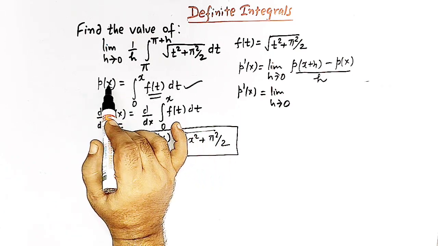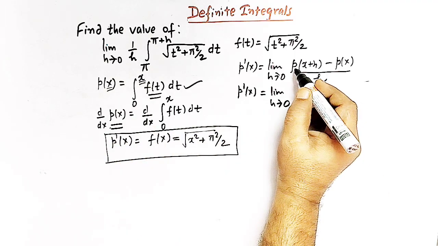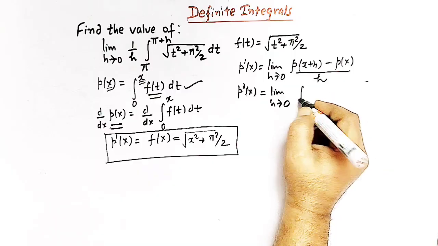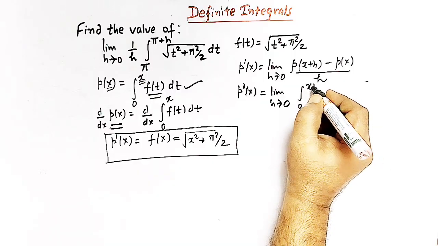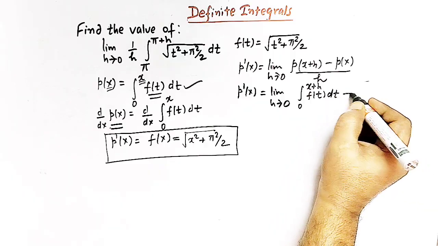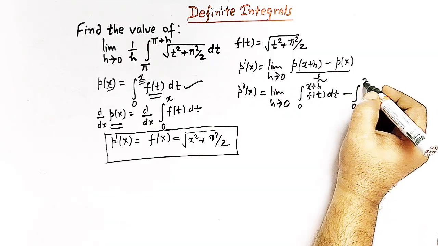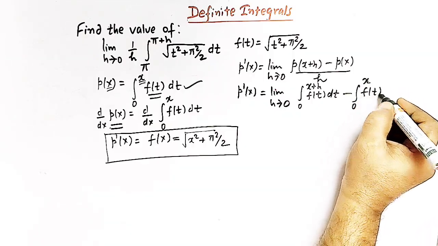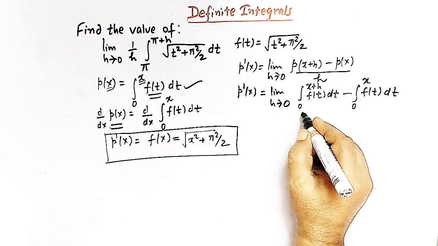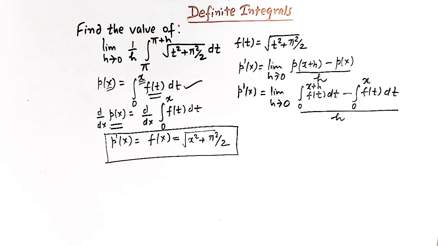So now if we replace this x by x plus h, then p of x plus h can be written as integral 0 to x plus h, and here we have f of t dt, and p of x is given by integral 0 to x, and here we have f of t dt, and in the denominator we have h.